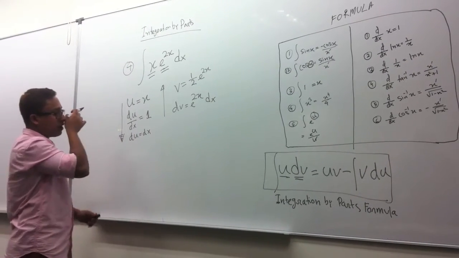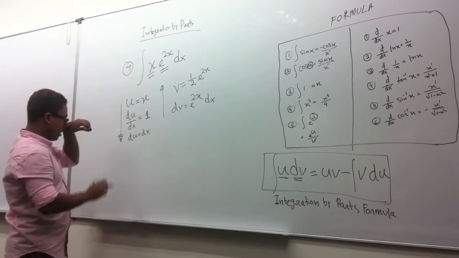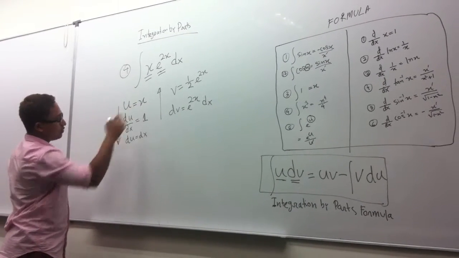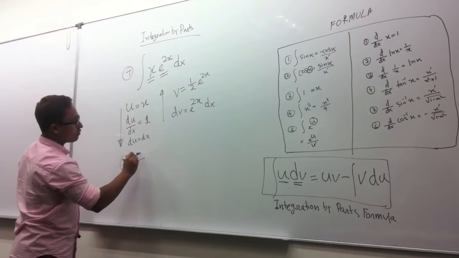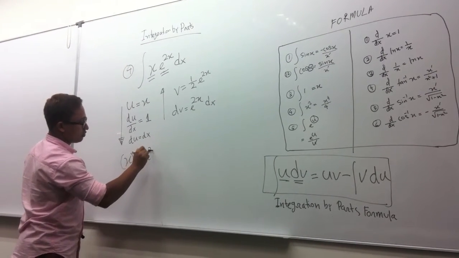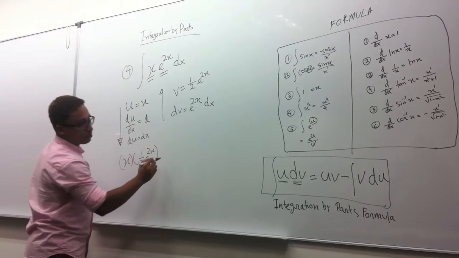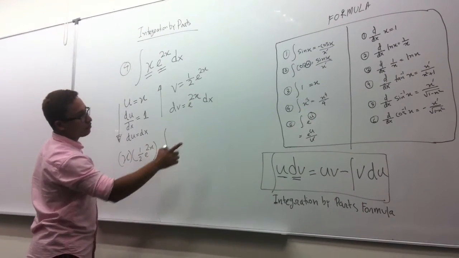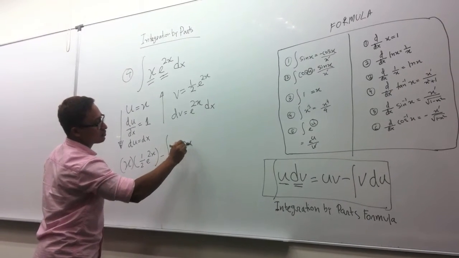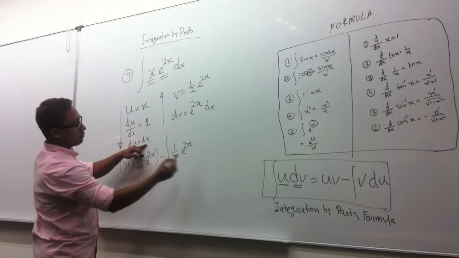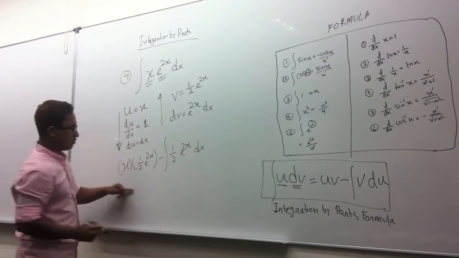Okay, now we're going to put this back into our original equation. u is x, v is half e to the power 2x, minus the integration of v du.